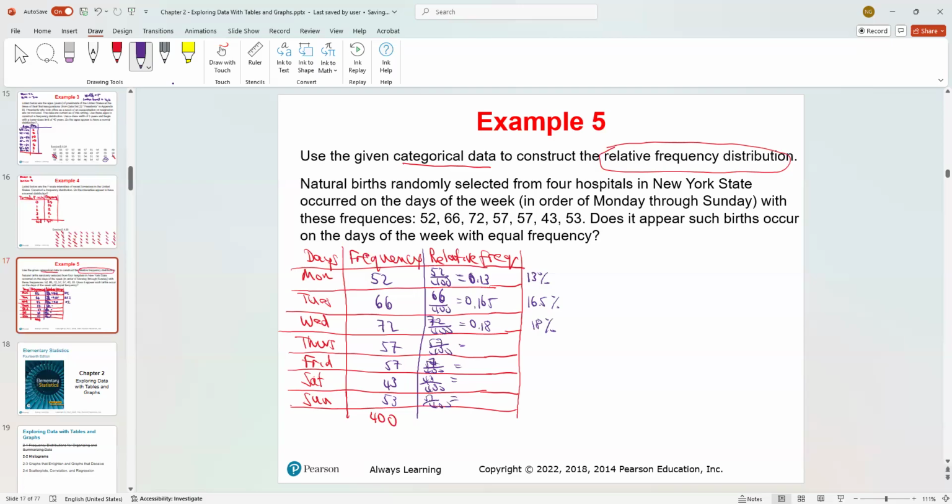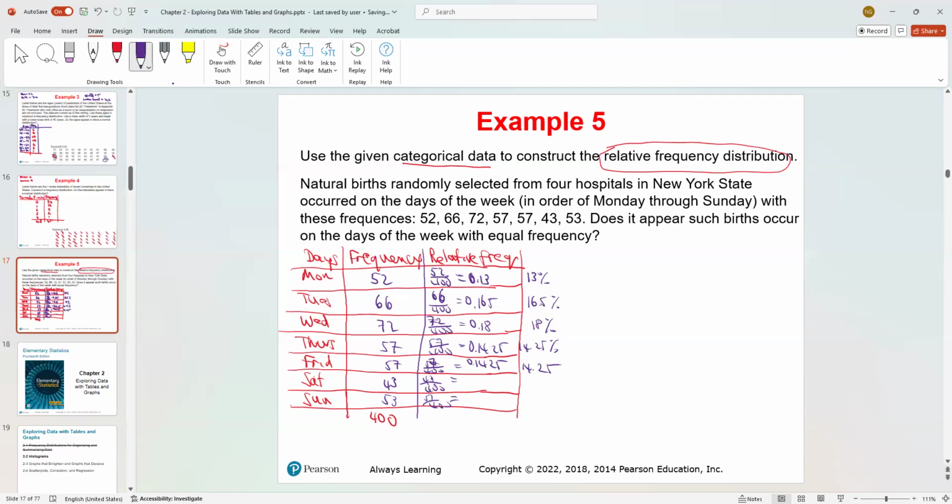57 divided by 400, that's 0.1425, so 14.25%. This one would be exactly the same because they are the same. That's 14.25%.